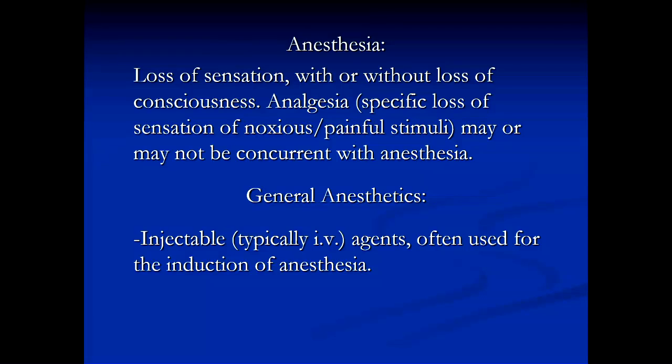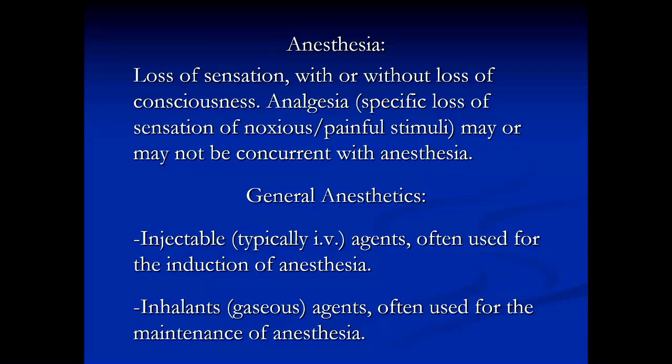They have properties, which we'll talk about, that facilitate a smooth, pleasant experience for the most part in inducing anesthesia. And then there are inhalants, or gaseous agents, that are most commonly used to maintain a surgical plane, or an appropriate depth of anesthesia, during a procedure. So there are inhalant gaseous agents and injectable agents among the general anesthetics, which are going to typically cause the loss of consciousness.